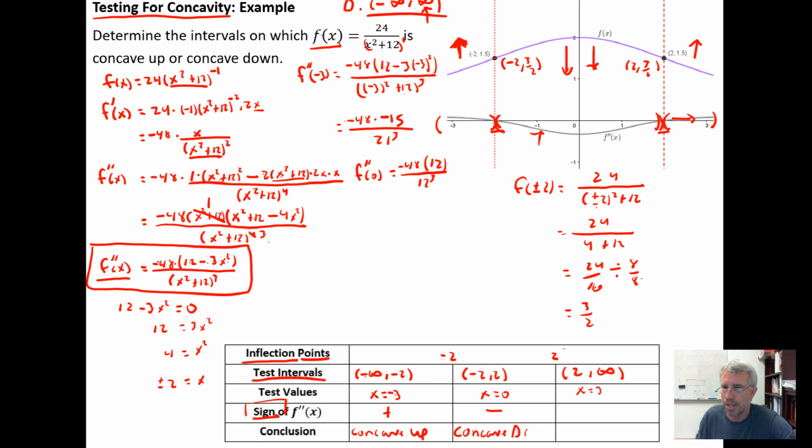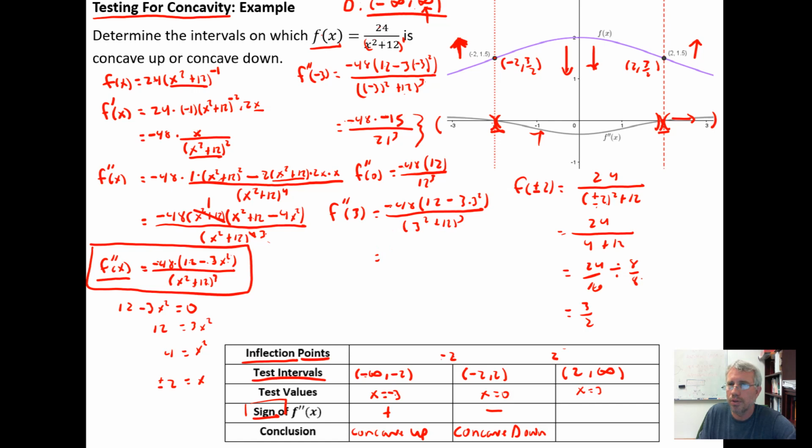And now I need to plug 3 into my second derivative. What I could notice is that because of the squaring in my second derivative, plugging in 3 and negative 3 will give me the same result. So I should get exactly what I have right here when I plug in a positive 3. In other words, f double prime of positive 3 is going to equal still negative 48 times 12 minus 3 times 3 squared over 3 squared plus 12 cubed.